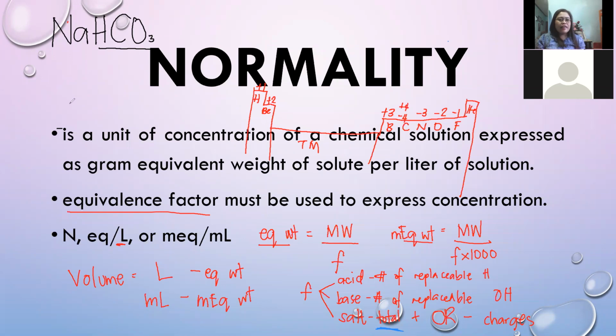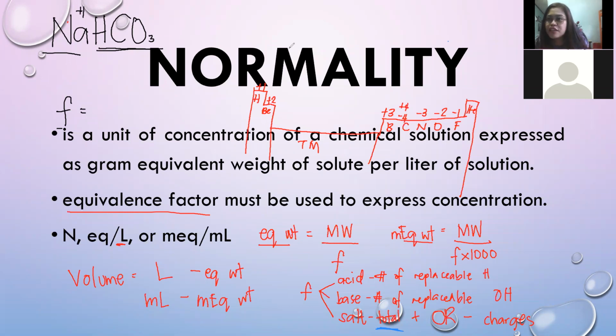So how will you get the factor if this is the example compound? It's the same thing. We take them one by one. Sodium is positive 1. And remember that bicarbonate is one entity. You can also look at your periodic table for this, because some periodic tables have a list of ions at the bottom or at the back, either cations or anions.